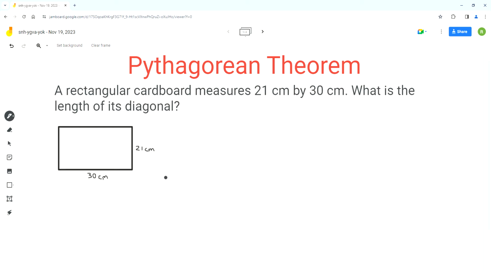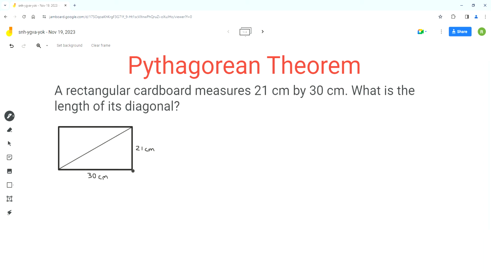Now diagonal is a line that joins a corner of a rectangle to its opposite corner. So it starts at one of the corners of the rectangle and goes all the way to the opposite corner. Now we could have drawn the diagonal the other way as well.